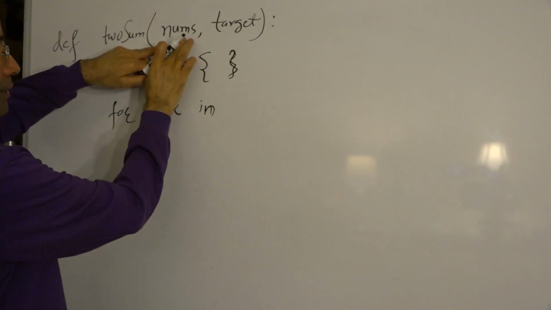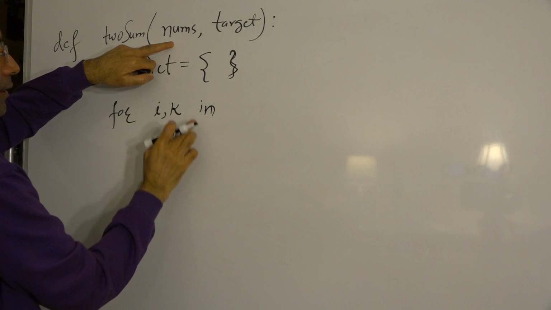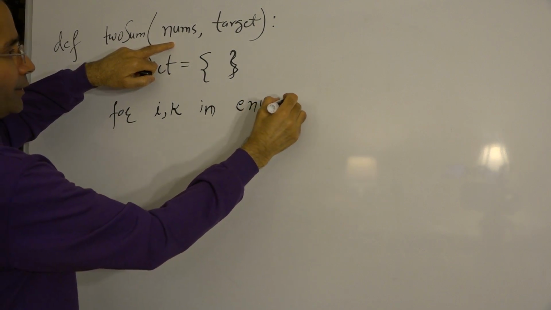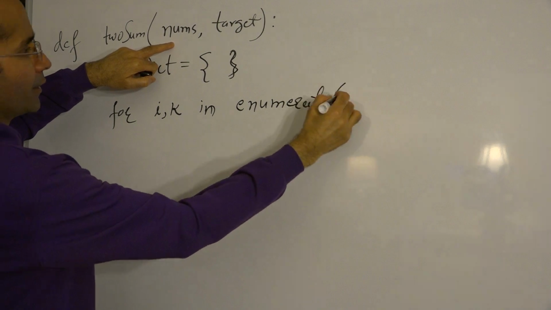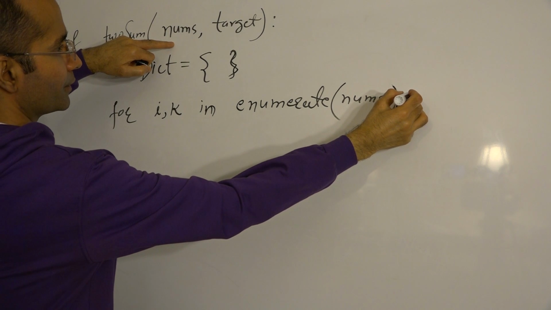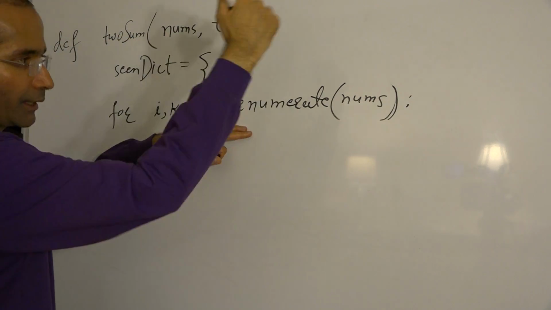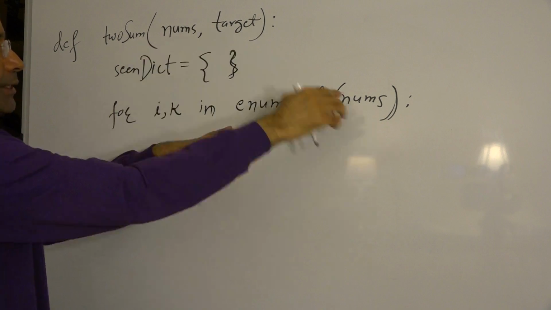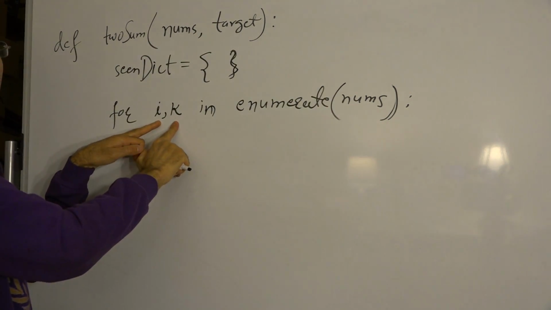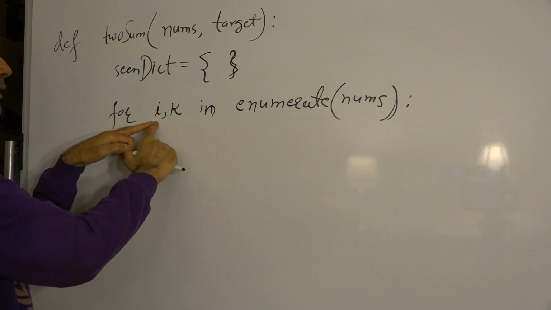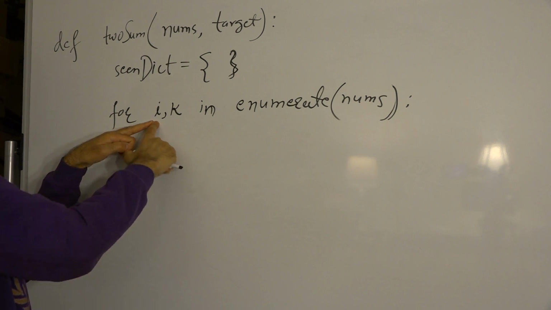i, k in nums, but if I just write i, k in nums, it will not work. I need to have something called enumerate(nums). That means we are iterating through the array, and every time we iterate, we get a pair. One is the number itself, another is, you can say, the index, because it starts with 0.